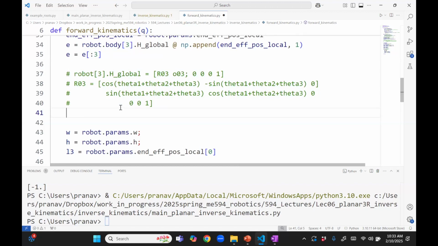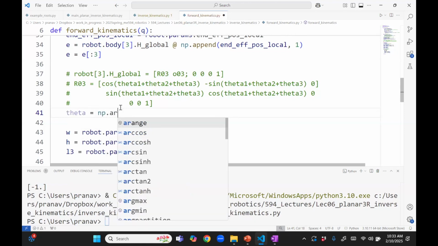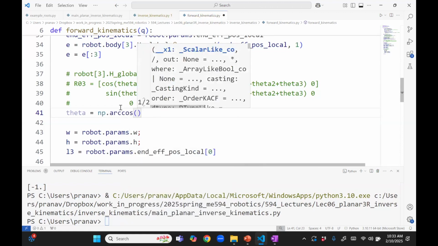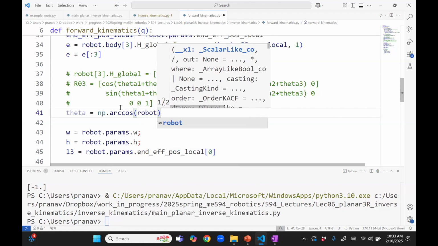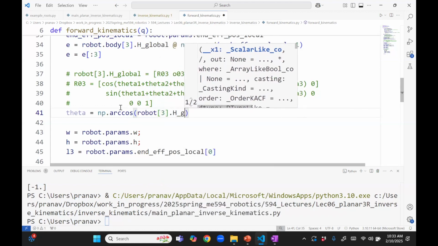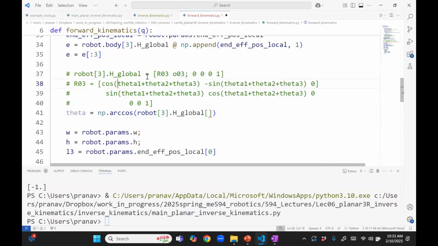So I can get theta, which is np.arccos, arc cosine of robot 3 dot h global, and the element I'm looking for is the 0, 0 element.